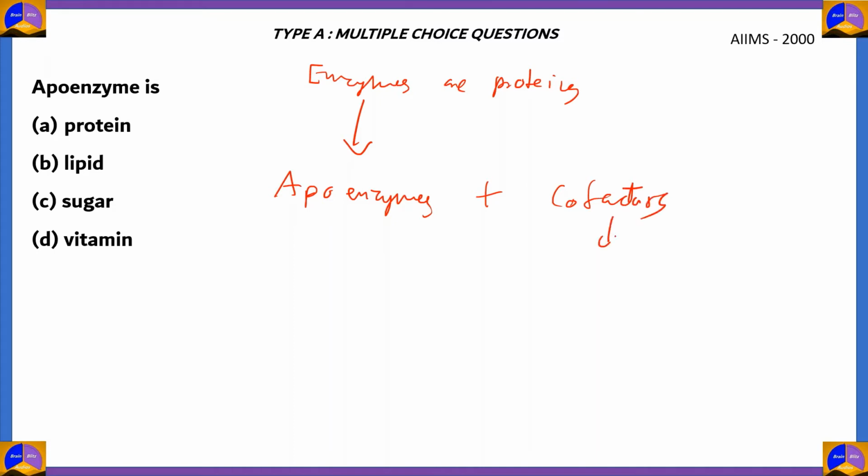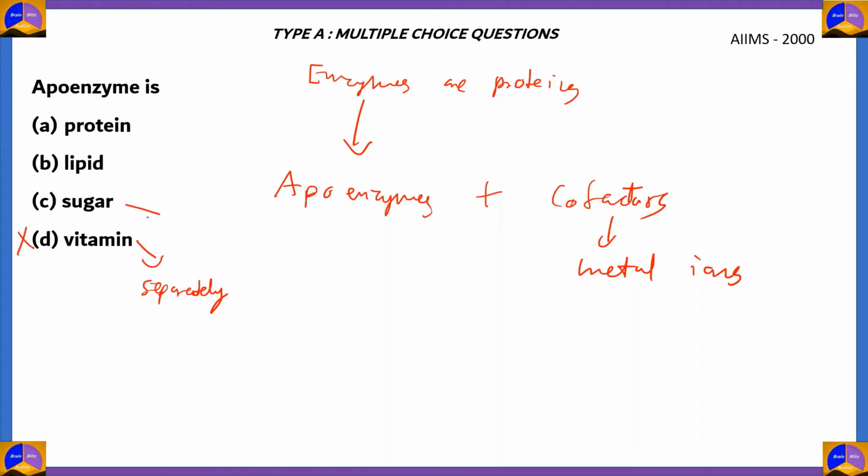And we also know that these cofactors are usually metal ions. So on that note, let's look at the following options. D, vitamins are present separately in the body. So option D is incorrect.